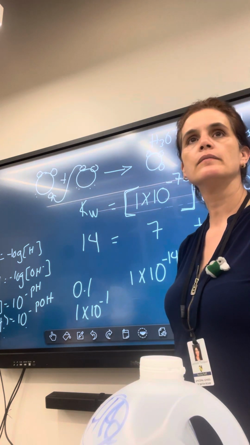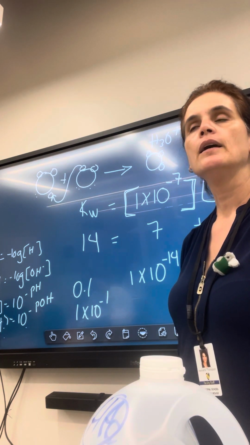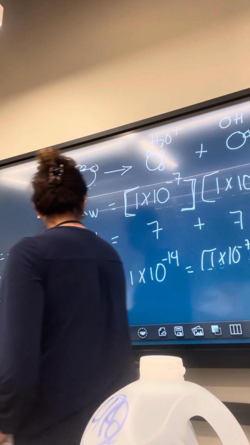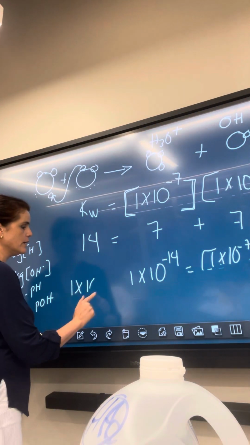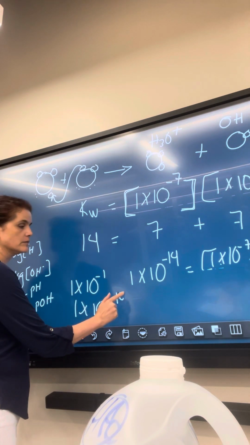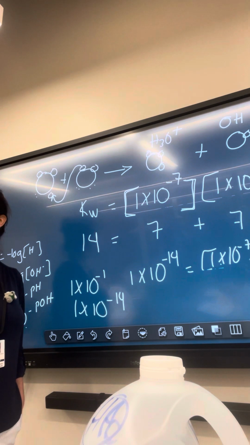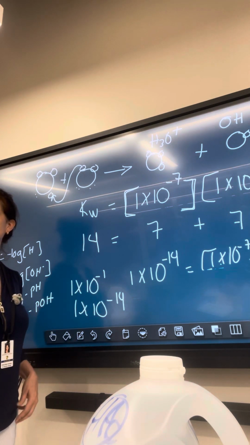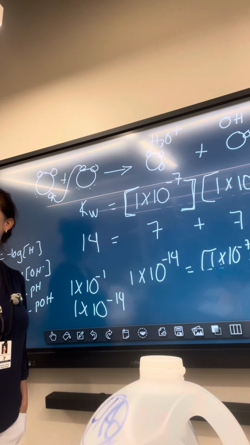So the smaller the exponent, the more it dissociates? Or less. The more negative, so 1 times 10 to the negative 1 is much bigger than 1 times 10 to the negative 14, right? That's a bigger number than this one. Is that what you were saying? Just like if you're filling in the blank, the smaller the exponent, the more or the less it dissociates.